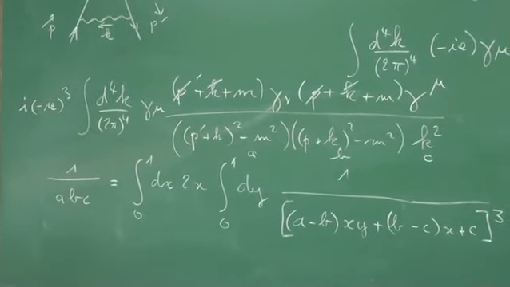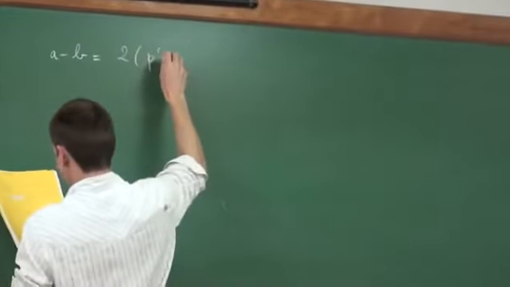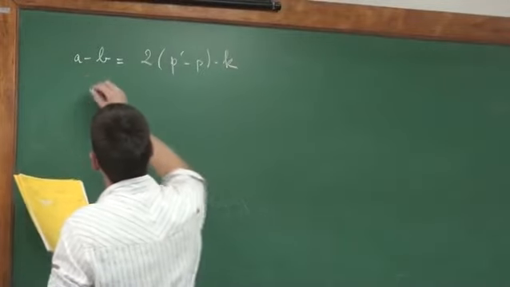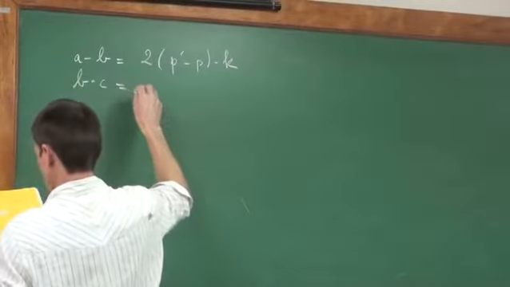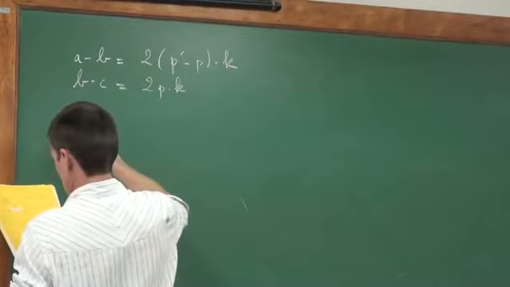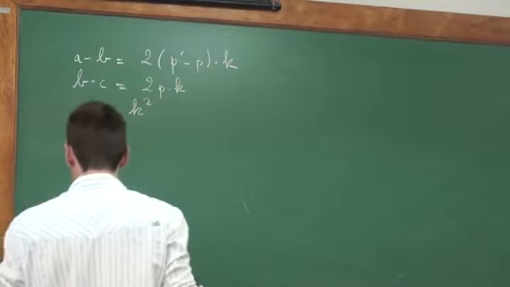So, if I choose this, we get A minus P equal to 2 prime minus P times Q minus P times Q. Let's see, of course, the square.